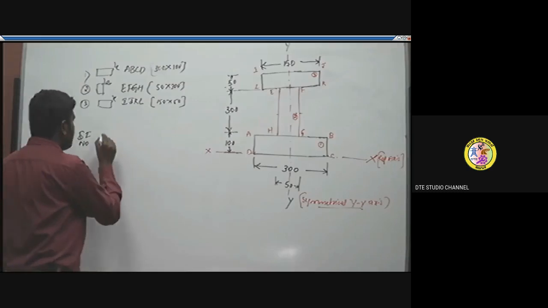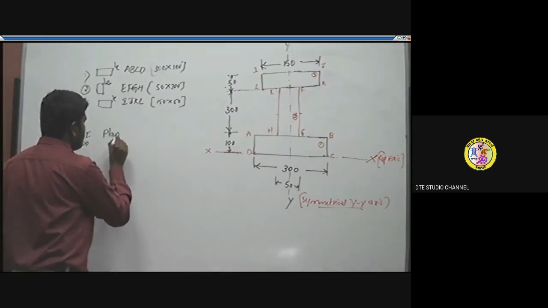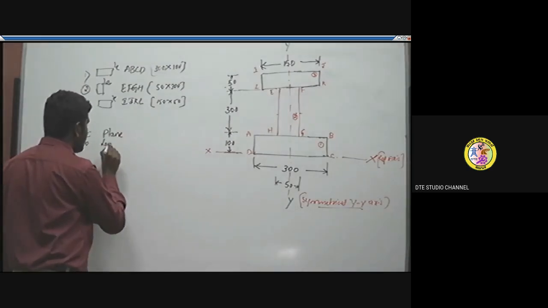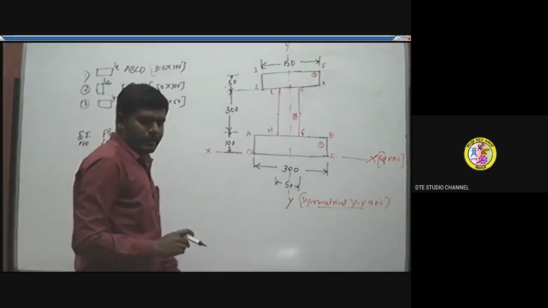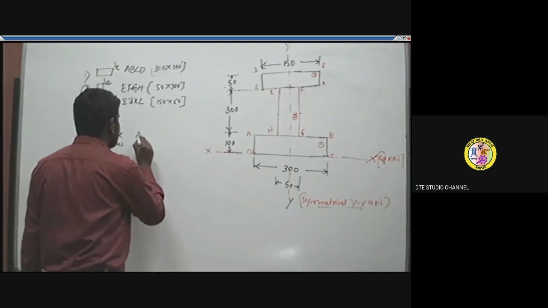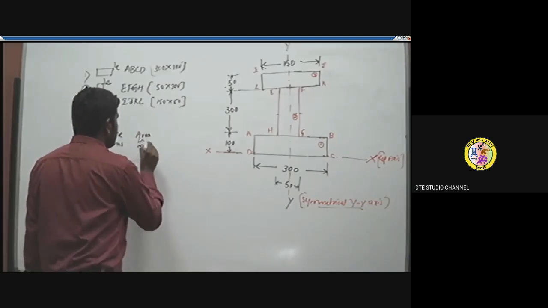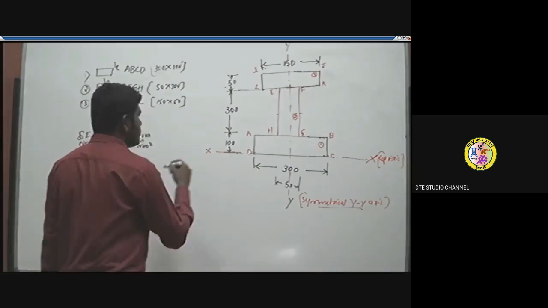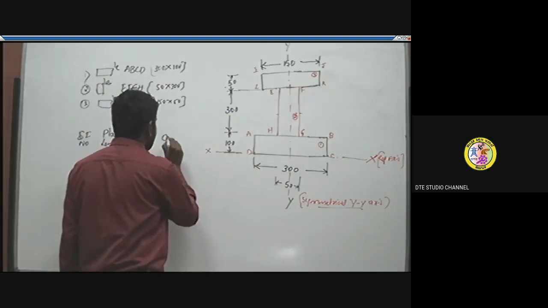Okay, so plane laminas are plane figures, as listed in the top already. Then the area in millimeters square. Then the centroidal distance, that is in terms of the y coordinate.